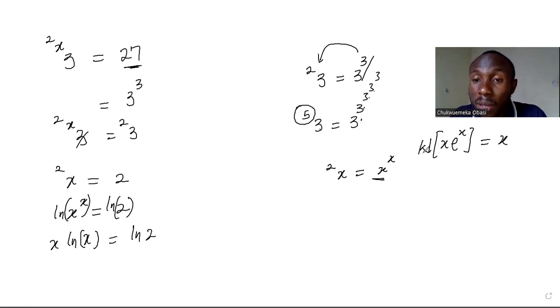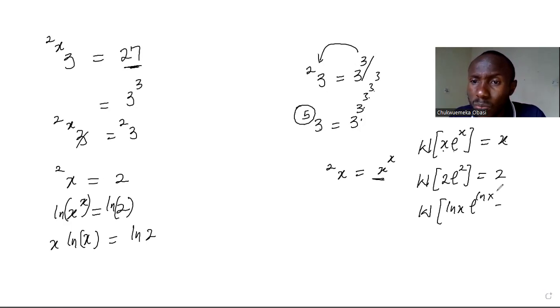So in other words, if you have the Lambert W function of 2 exponent 2, the result is going to be 2. So that's pretty much how it works. And also, if you have the Lambert W function of ln x exponent ln x, what do you think the result will be? Of course, the result will still be ln x.